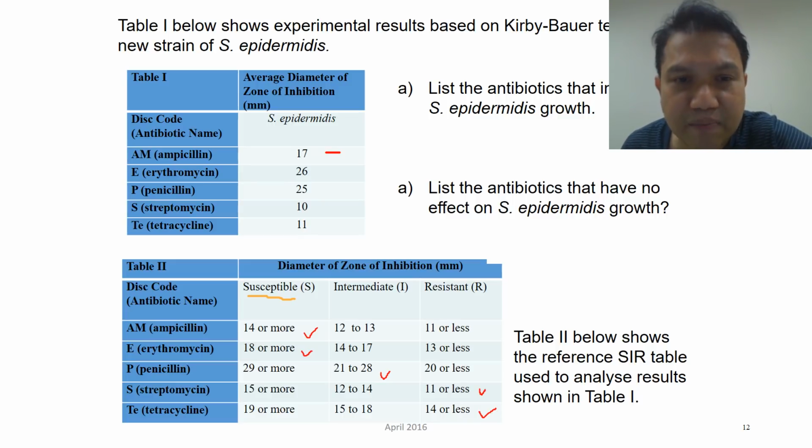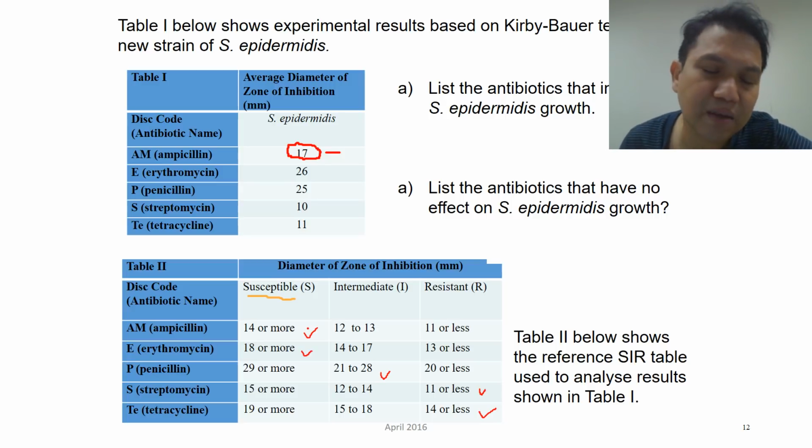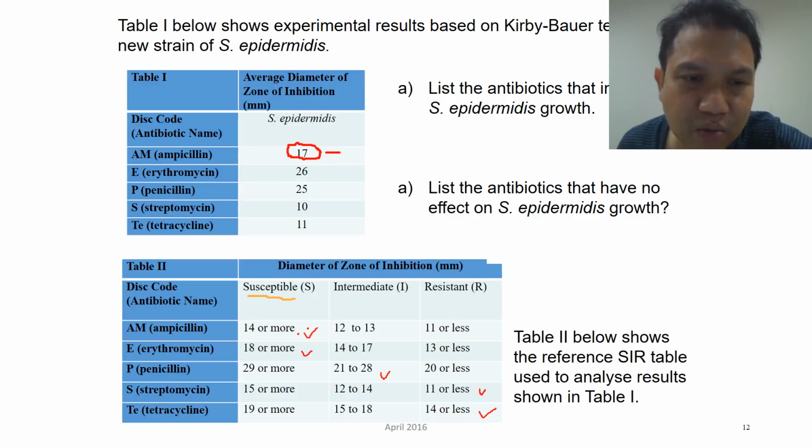The rating based on the recommendation is, if the zone of inhibition is 14 or more, you should rate the pathogen as susceptible or sensitive. Because the pathogen gives a zone of inhibition of 17, that means ampicillin is effective. The pathogen is susceptible to ampicillin, so you can give this ampicillin to the patient for treatment.